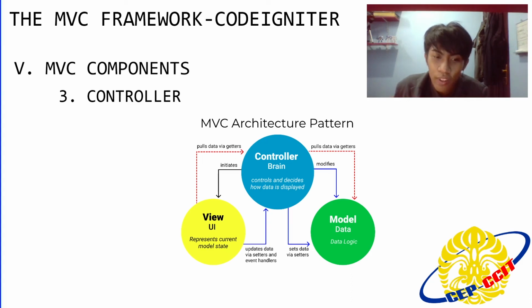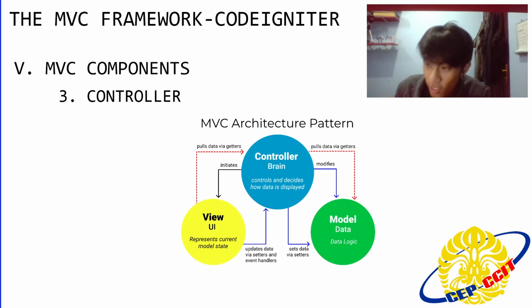A simple way to think about how these three work is: a user interacts with the view by, for example, clicking a link or submitting a form. Then the controller handles the user command or input and transfers it to the model.